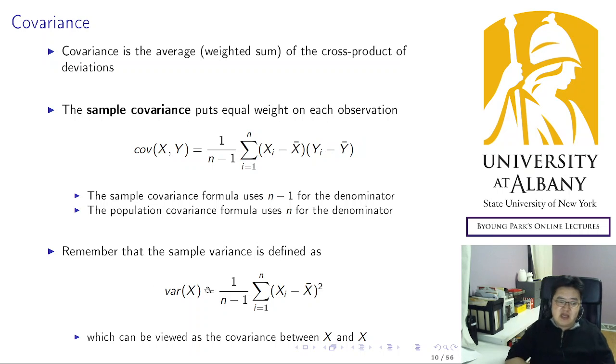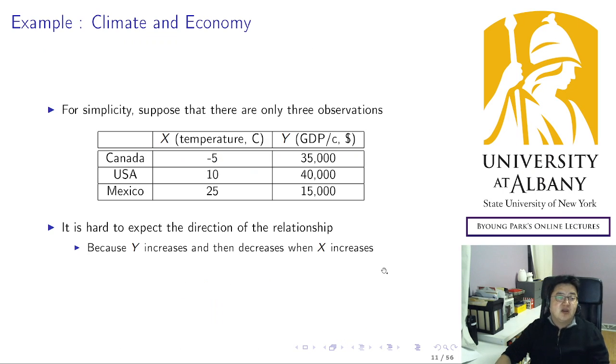You can understand the variance as a special case of the covariance, the covariance between x and x itself. What is the relationship between me and myself? That is the variance. So covariance is a mathematically more general measure.